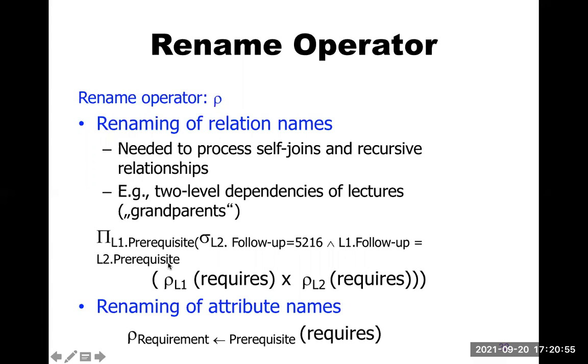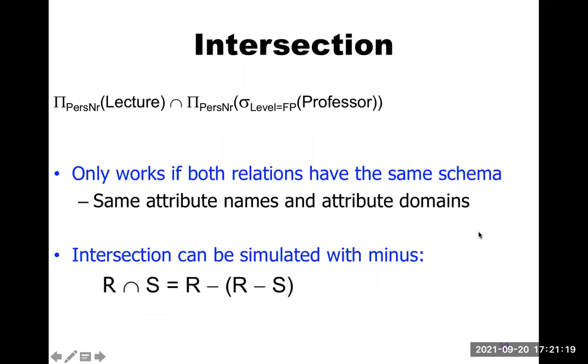So that's simple to express anything if I rename the same instances, and in some cases I may rename just attribute names. Let's rename the prerequisite column, or attribute, into required.